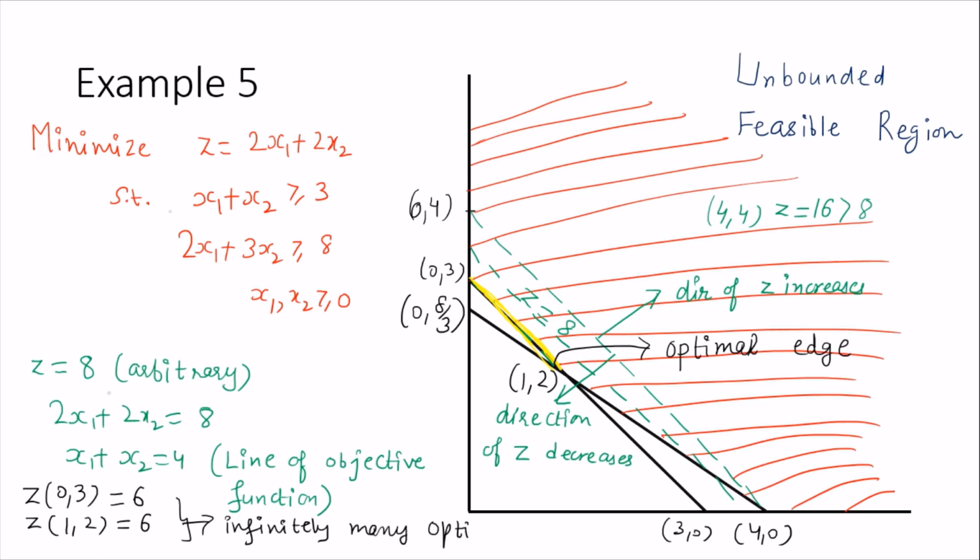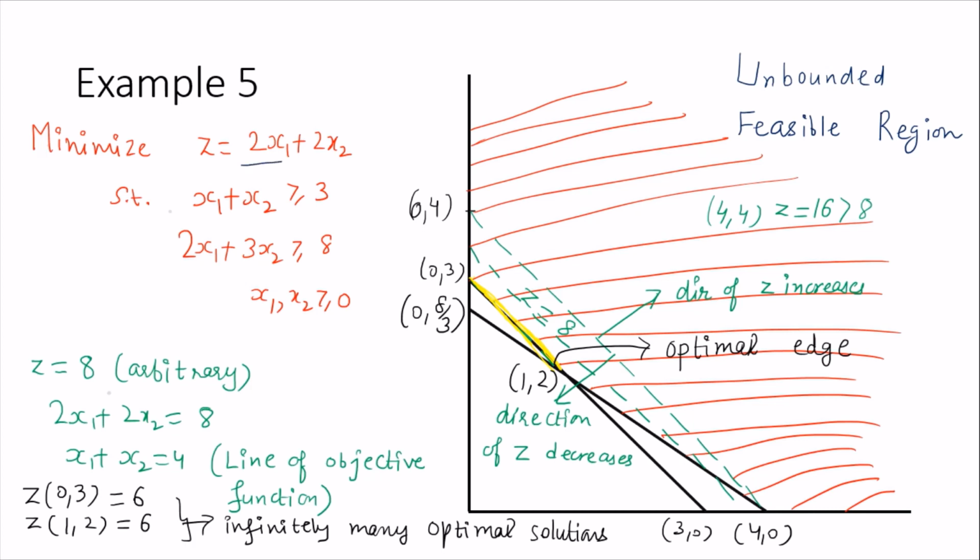So instead of writing 2 optimal solutions, the conclusion is infinitely many optimal solutions. So this is the last example of its kind. So this is reminding you of example 2, in which because the line of objective function was parallel to one of the constraints, we were getting infinitely many optimal solutions. So exactly the same thing is happening here.